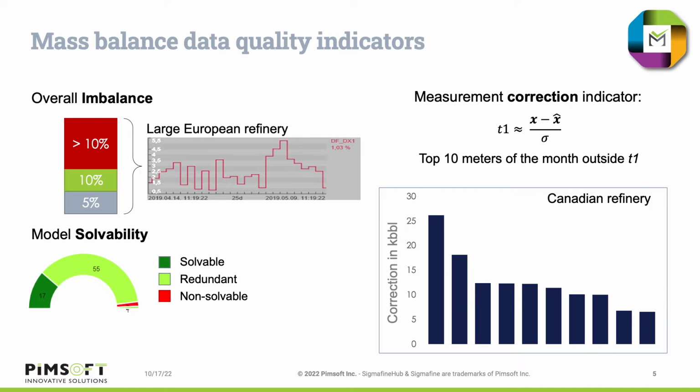By looking at this ranking, it is possible to immediately decide which meter needs immediate attention. This could mean recalibrating the instrument or the meter, or it could also mean replacement of this meter. So this measurement correction indicator that Sigmafine provides can be very helpful to find out where exactly the problem lies and which meters are faulty.